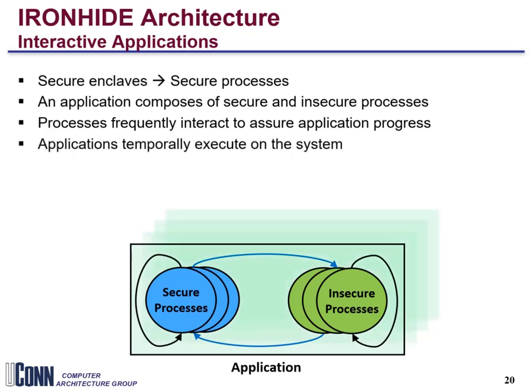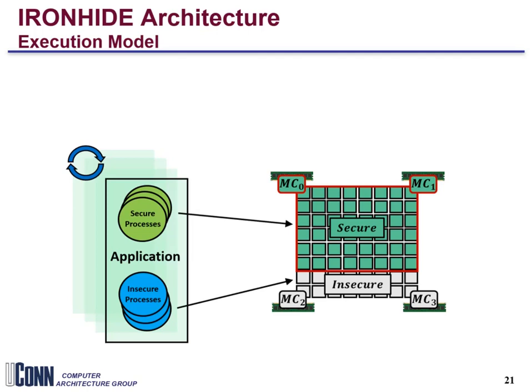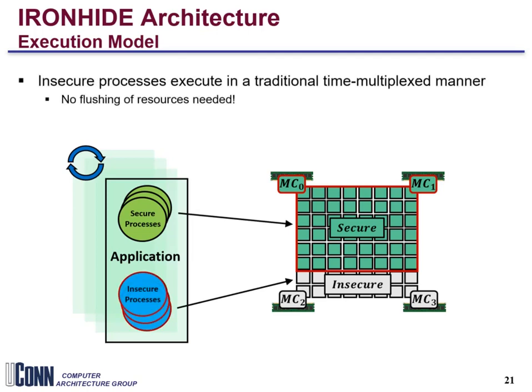Moreover, multiple of these applications temporally execute on the system such that the secure processes always execute on the secure cluster, whereas the insecure processes always execute temporally within their insecure cluster. Regardless of whether they belong to the same application or different, the insecure processes execute in a traditional time-multiplexed manner in the insecure cluster, where they demand no purging or cleanup mechanisms.